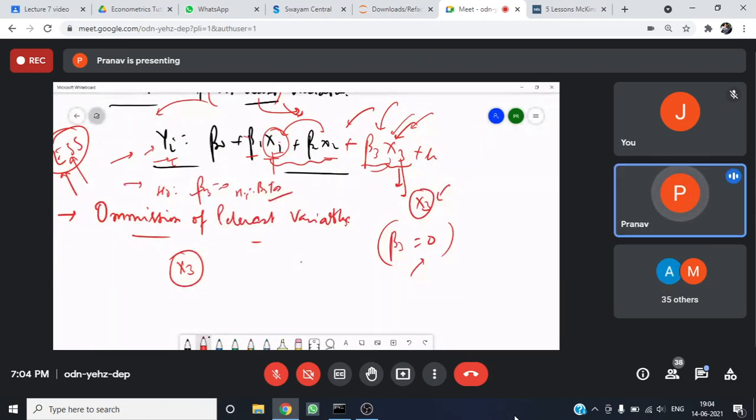With the explanative variables. See, even in that case, ultimately what matters to me is that x3 must explain the movement. Now, x3, x1, x2, they are correlated with each other.